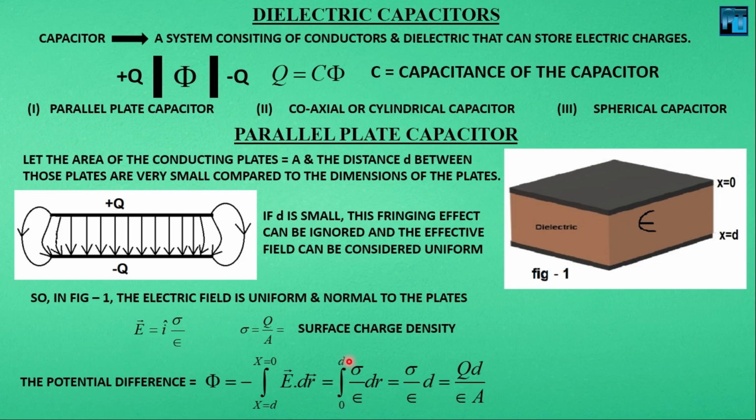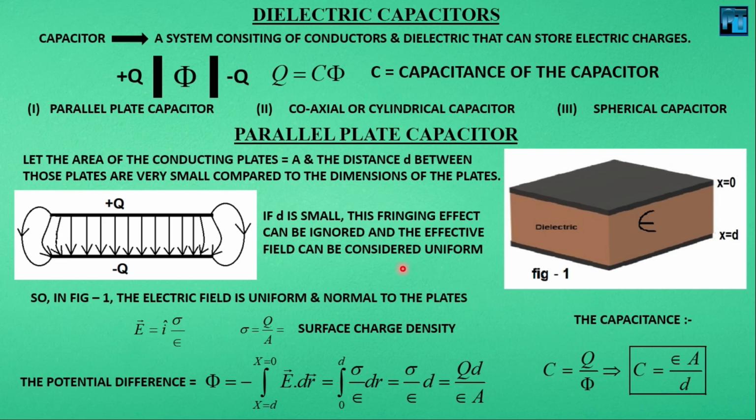Now integration from 0 to d of sigma by epsilon dr is very easy: sigma d by epsilon, and putting sigma equals q by A, we have phi equals q d by epsilon A. Half of our calculations have been done. The rest is applying q equals C phi, that is C equals q by phi. So here C equals q by phi, that is epsilon A by d.